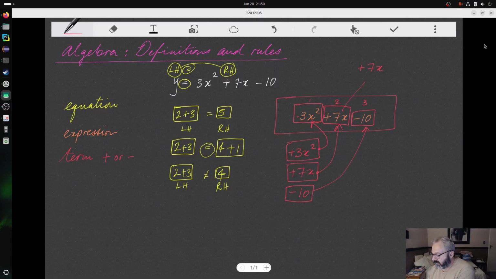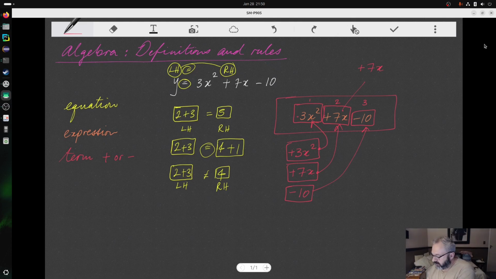When we write the number and the letter together, like 7x, what we are actually saying is 7 times x. But we don't have to put the multiplication sign in there, because if I write 7x, that automatically means 7 times x. I can leave it just like that.